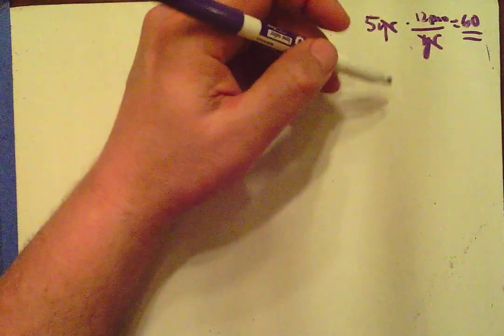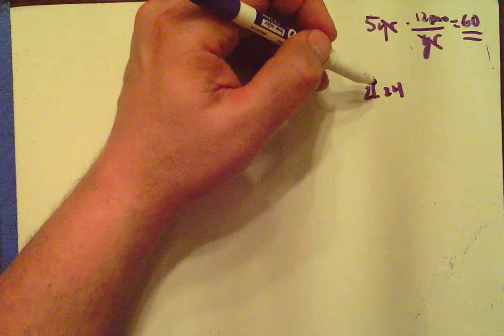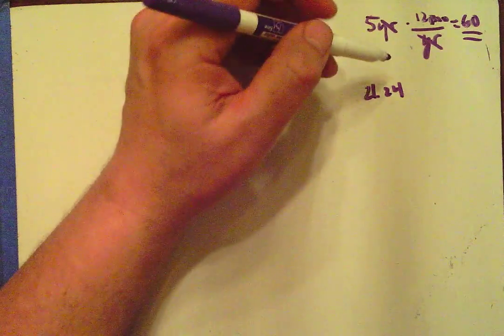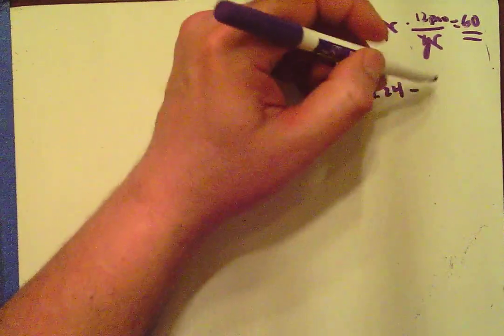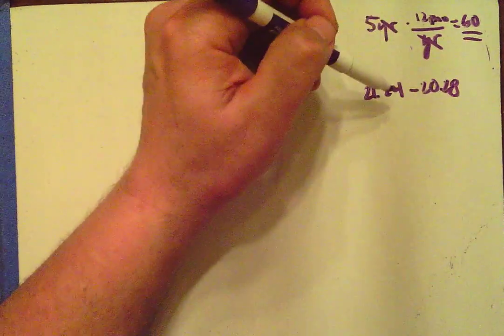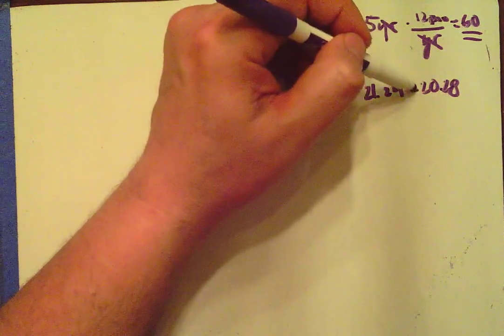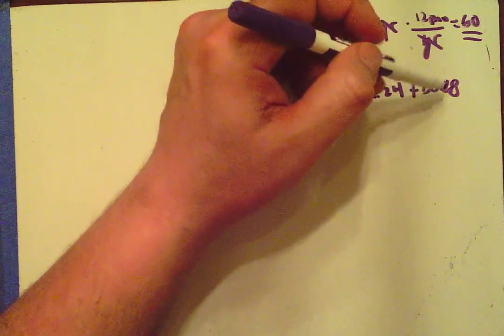So, I noticed that 21.24 is what we pay at 10%, and 20.28 is what we pay at 8%.